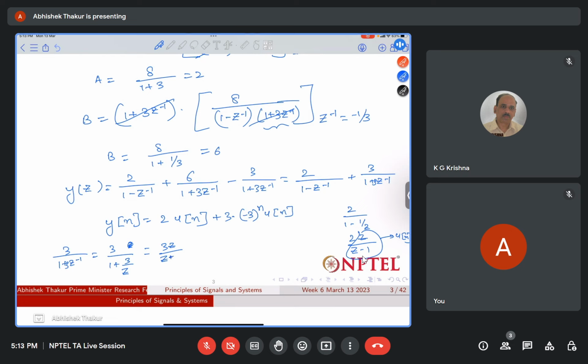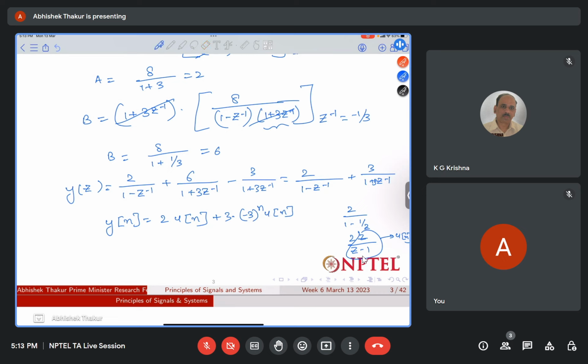So z plus 3 we can write as z minus a. So here a is minus 3, so minus 3 to the power n u(n). So the final answer is y(n) is equal to 2u(n) plus 3 into minus 3 to the power n u(n).